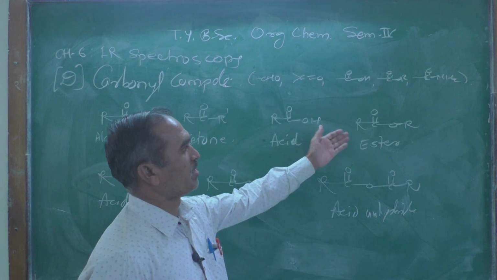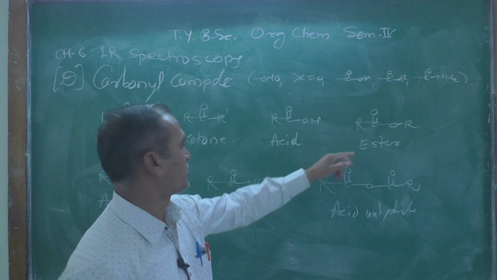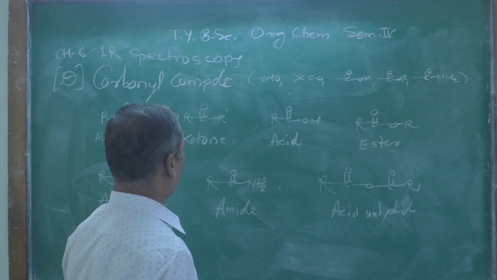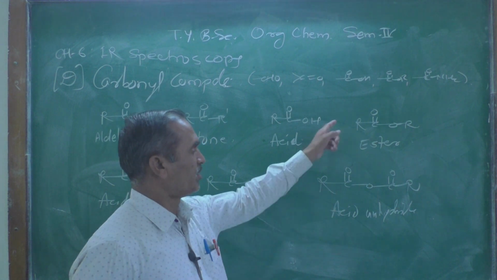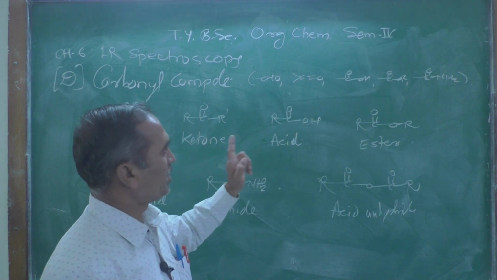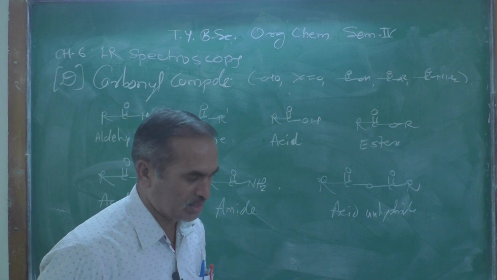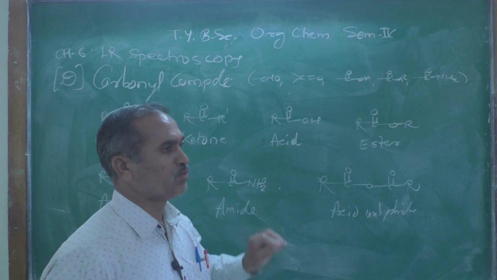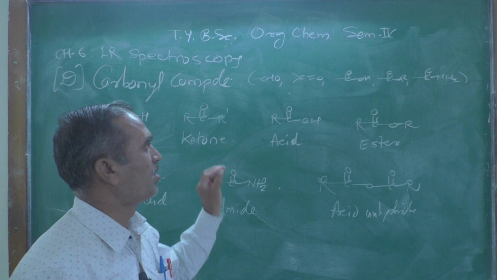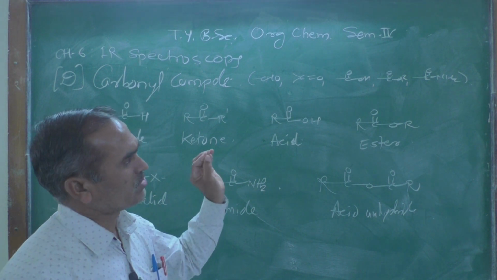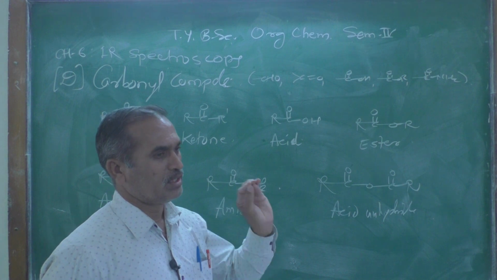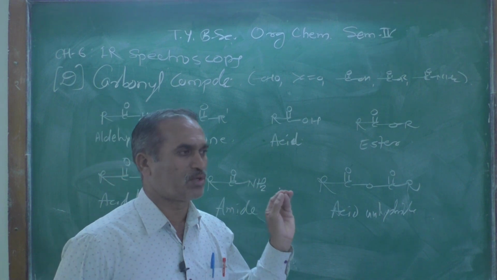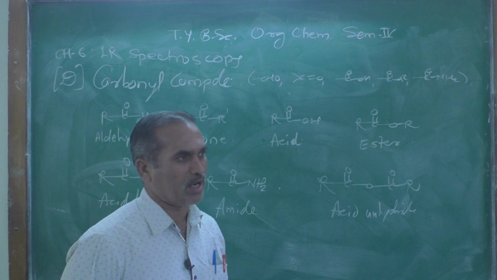And this carboxylic group is a functional group. And if you see another one, ester, acid halide, amide, acid anhydride, these are all derivatives of acid. Ester, how will you prepare ester from acid? Just by treating acid with alcohol, a catalytic amount of acid is required.